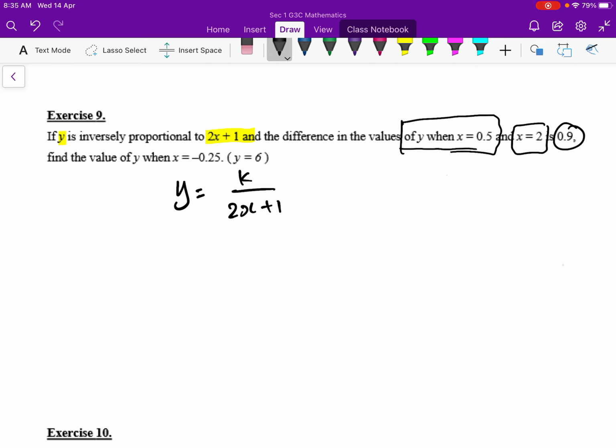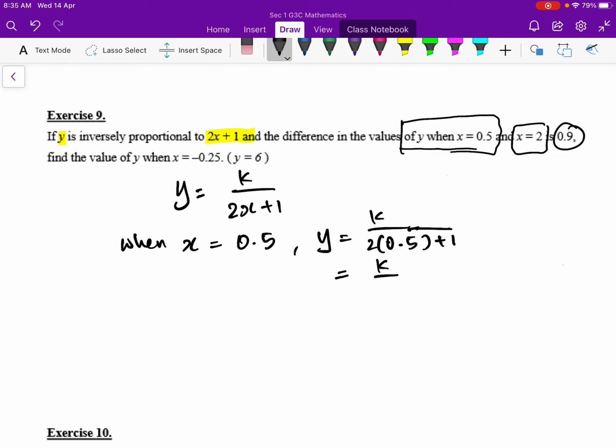Let's start with when x is equal to 0.5. So when x equals 0.5, y equals k over 2 times 0.5 plus 1. So this gives us k over 2.